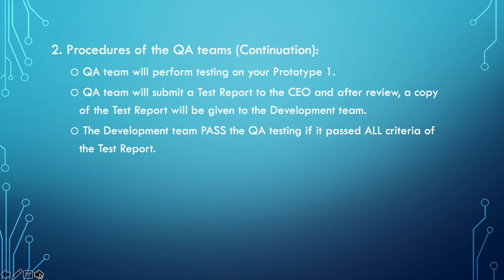The development team will get a pass if all of the criteria of the test report are satisfied. Okay, so it's all or nothing. That's the criteria for passing the QA test.